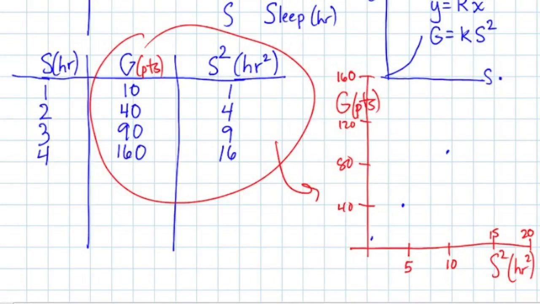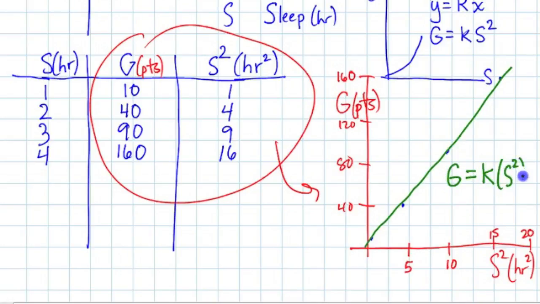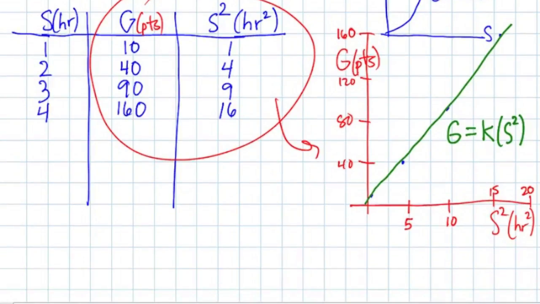So you can see that when we plot the hours of sleep squared versus the grade, it turns into a straight line. So this is grade is equal to some constant times sleep squared. It's kind of like sleep squared is our new x value.